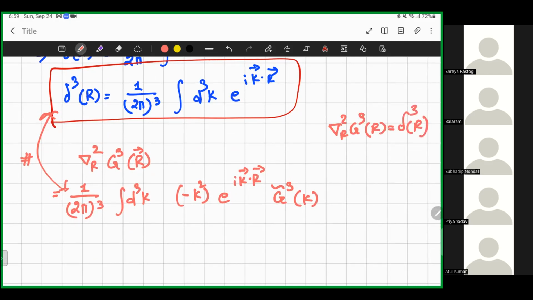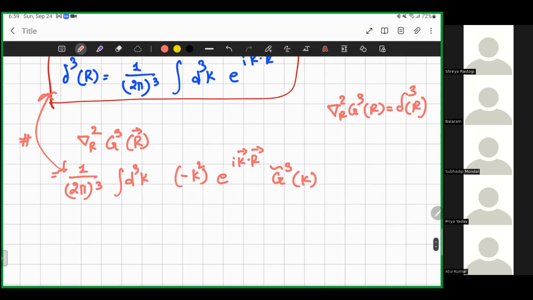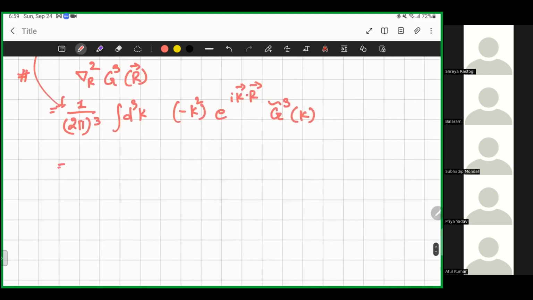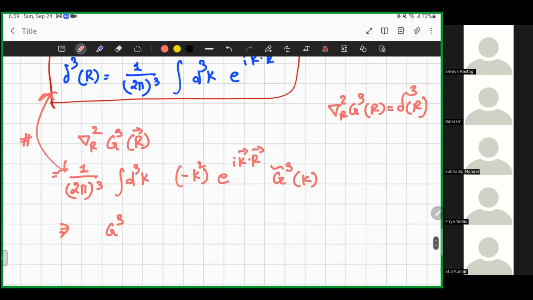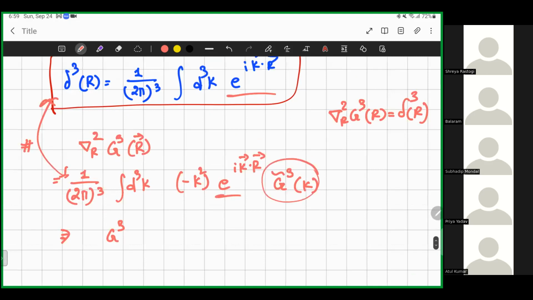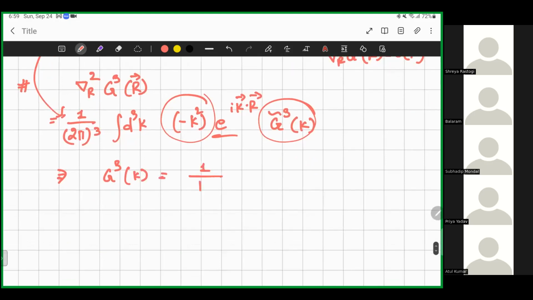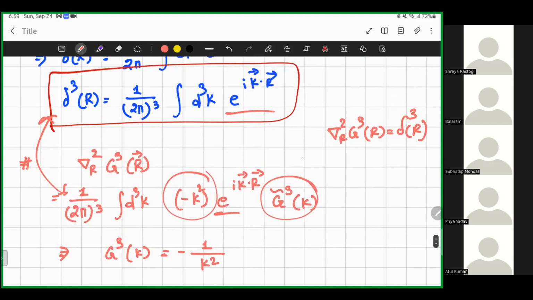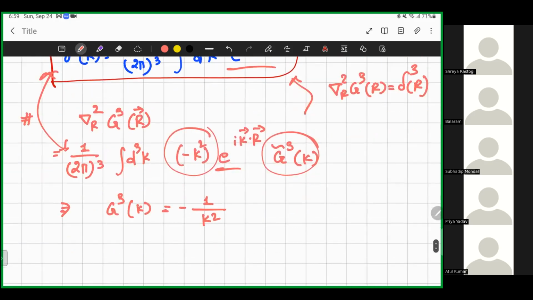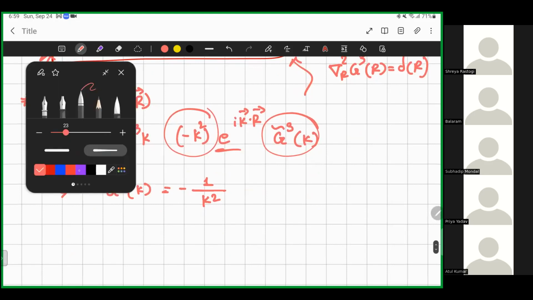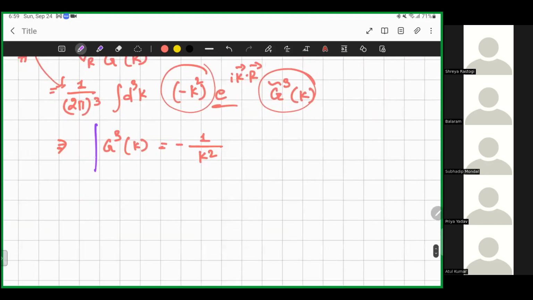So if we equate these two parts, then this part is this part, so these two parts should make an identity. So G(k) equals minus 1 by k square. Then this part cancels and it reduces to the delta function. So from the comparison, we can write that in k space, the green function will be just minus 1 by k square.